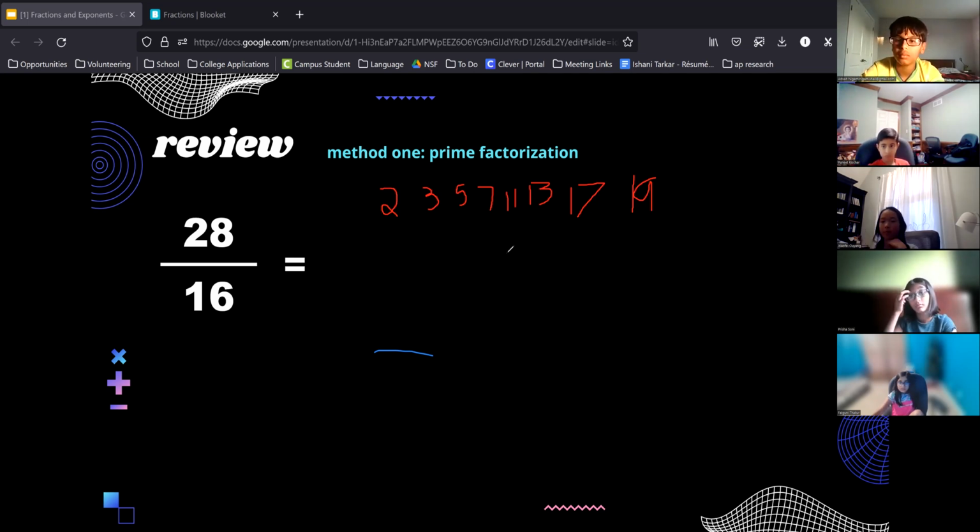We can look at the factors of a number and tell if it's prime. So what we're going to move on to next is what prime factorization is.